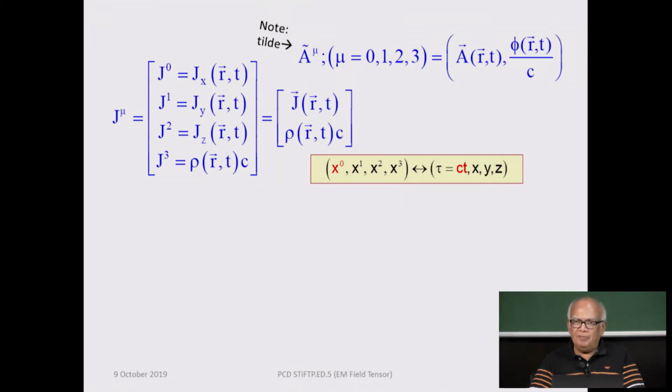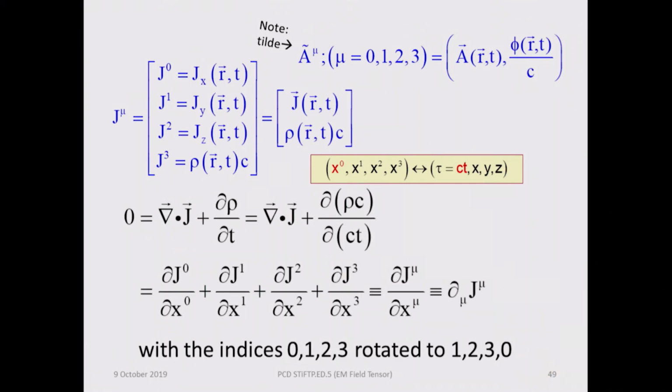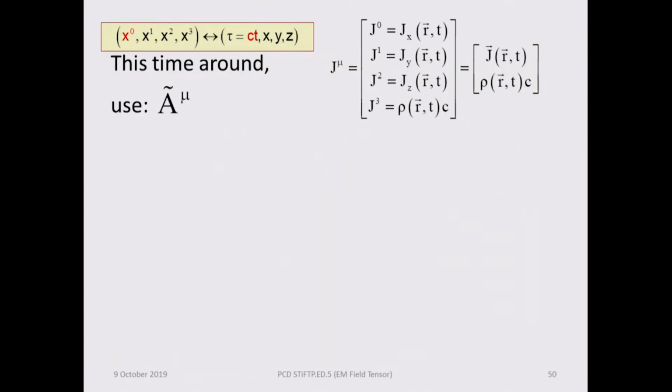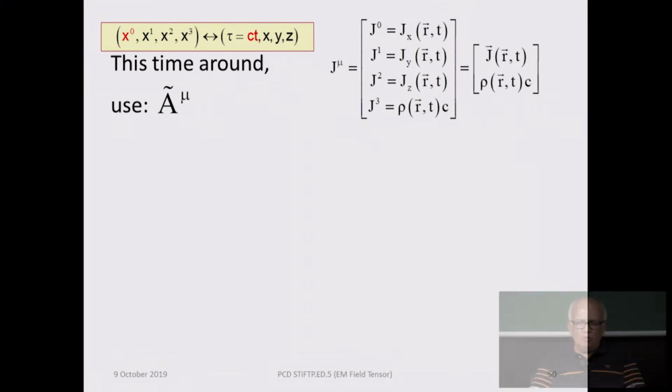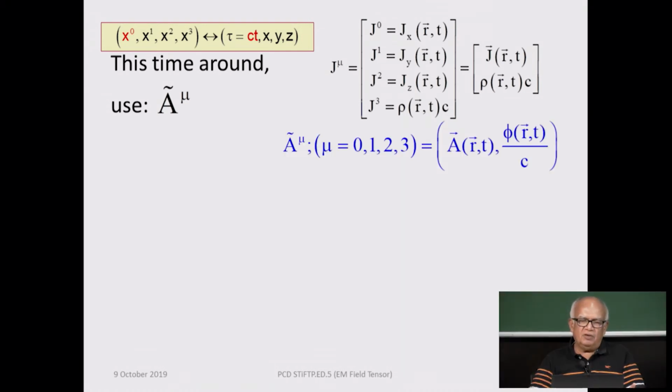We are now going to work with the tilde, and sure enough this is completely consistent with Maxwell's equations, and this time around we will use the tilde representation of the 4 potential.